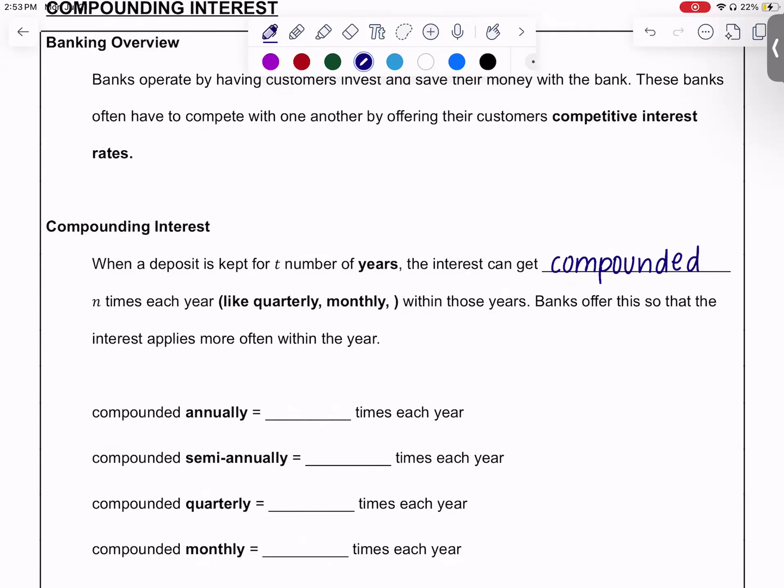Banks offer this so that the interest applies more often within the year and becomes more competitive. So they'll say you have a 5% interest rate every year, but it's being compounded twice a year or semi-annually. So you're earning technically a little more than what 5% would give you in 1 year. Okay, so let's take a look at some ways they can compound it.